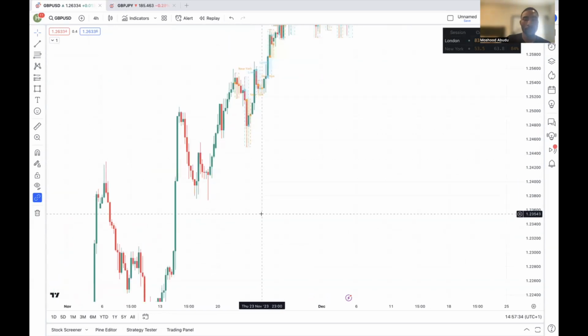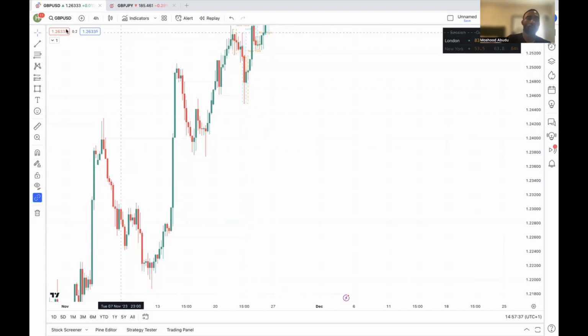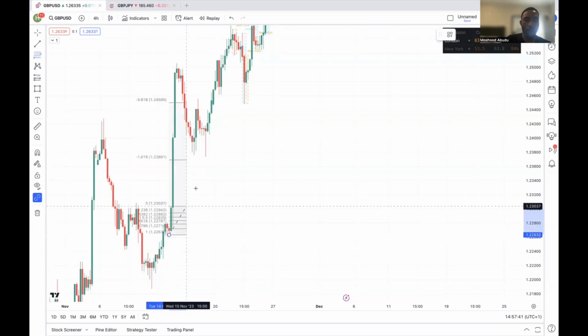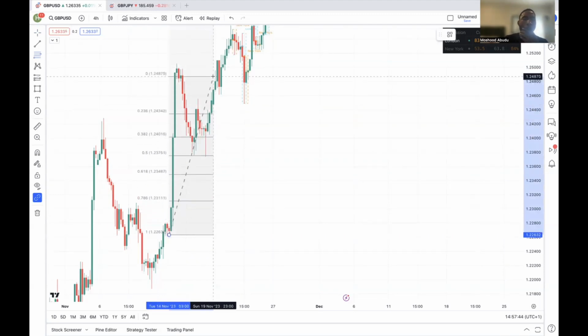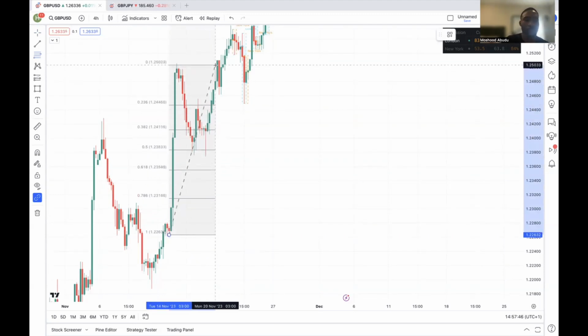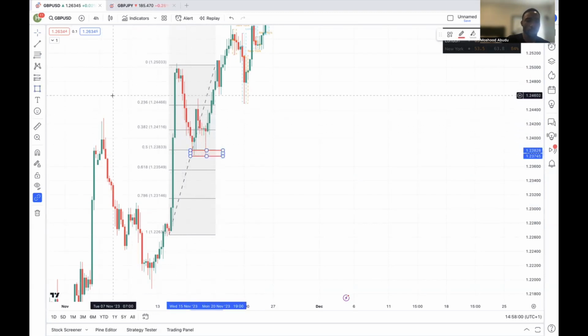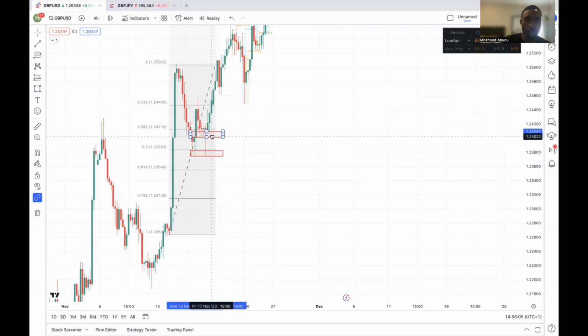Let me take one example from this area. Okay, good. Now see how this market is coming from two different zones. Number one is this 50%, and the second one is 38%.